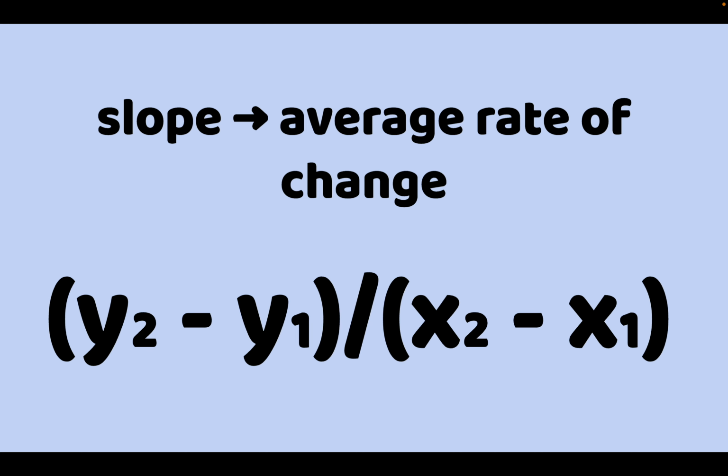So 15 minus y1, which is 20, over x2, which is 2, minus x1, 3. So 15 minus 20 is negative 5 over 2 minus 3, which is negative 1. The negatives cancel out. 5 over 1 equals 5. So as we know, our hourly increase in wage of 5 is the average rate of change, and we can confirm this just as we just did by using this formula.